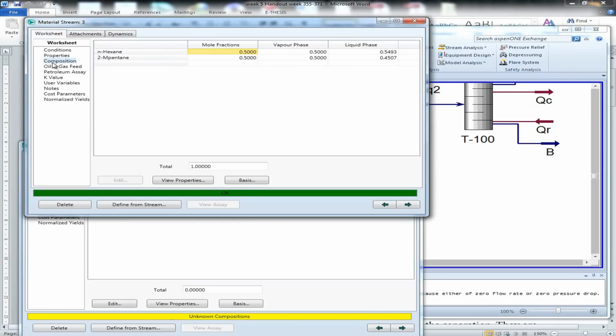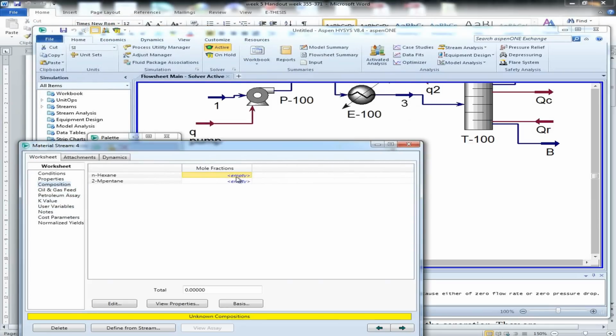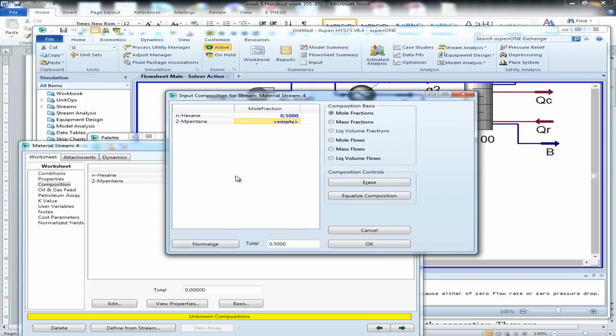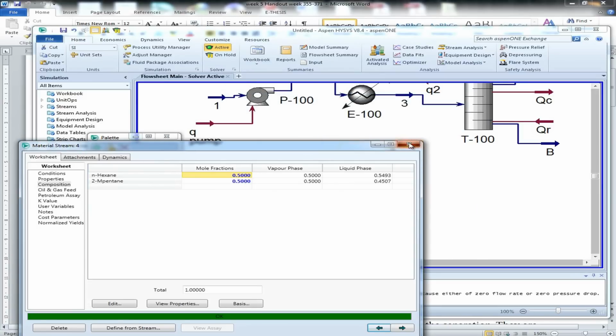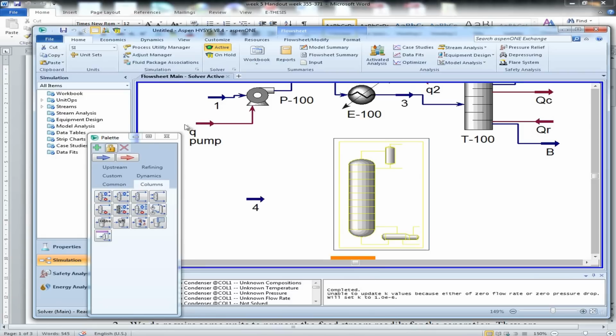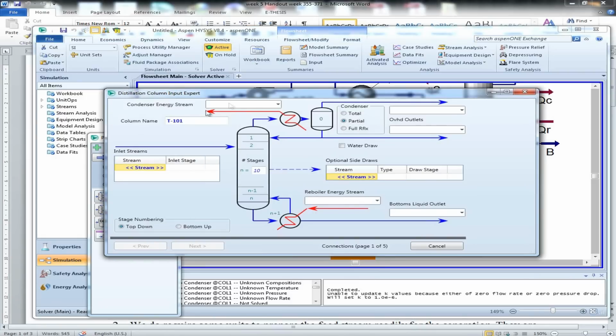The molar flow rate. These are isomers of each other, so I can just put 0.5 and 0.5 to this. Okay, now we can connect that.